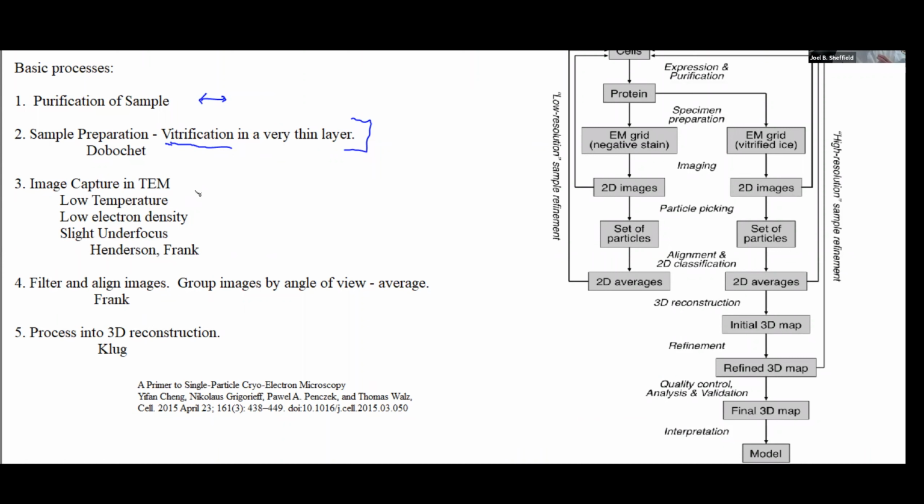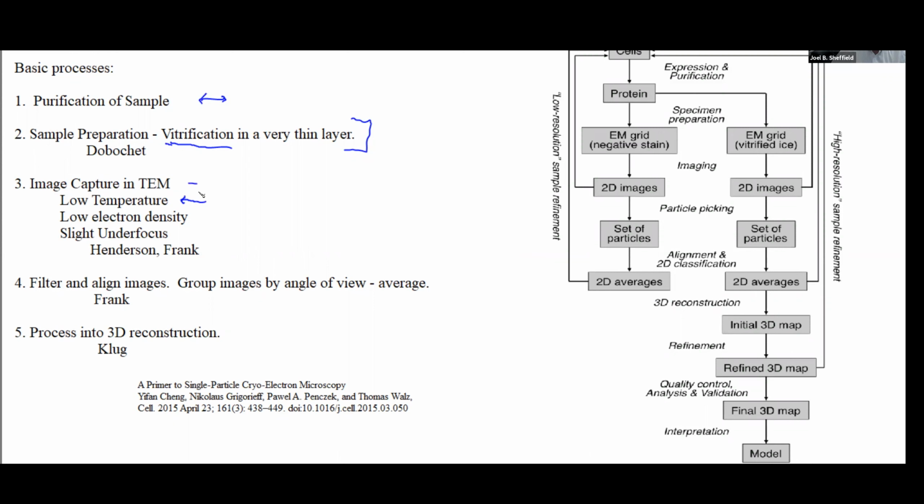So now you've got it in the electron microscope. What do you have to do to make this thing work? Well, first of all, you've got to keep it cold. As it turns out, for many, many years, electron microscopes have been built with the possibility of a cold stage, a piece of metal that extended into where the samples were, that was cooled itself by running liquid nitrogen or various other things through it, so that you would have a cold environment within the TEM itself.